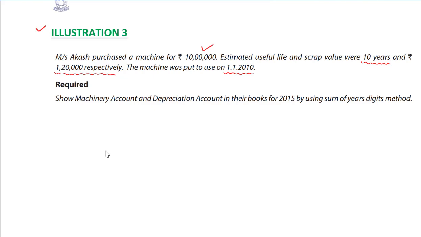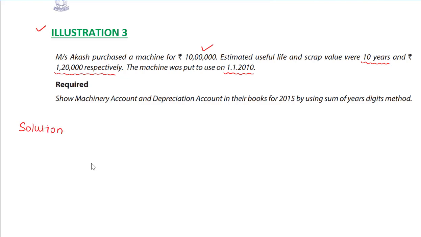Let us calculate the sum of the years' digits for 10 years. So basically what we need to do is 10 plus 9 plus 8 plus 7 plus 6 plus 5 plus 4 plus 3 plus 2 plus 1 equals 55.